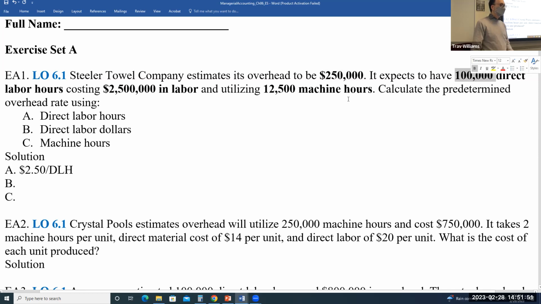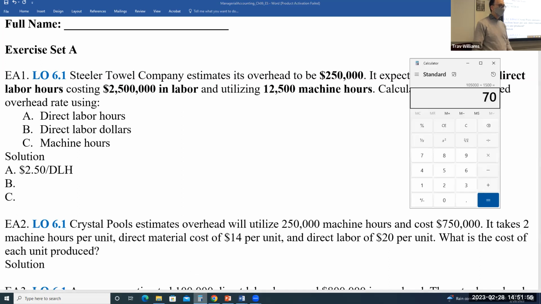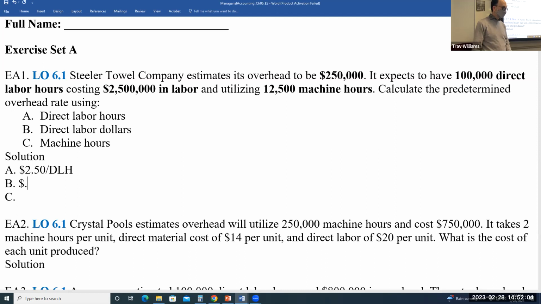If we instead divide by the 2.5 million in labor costs, what do we get? 10 cents per direct labor dollar, right? So for every dollar of direct labor, we have 10 cents of manufacturing overhead.